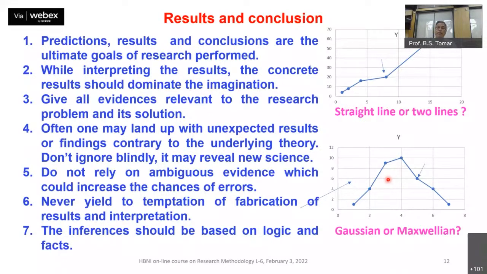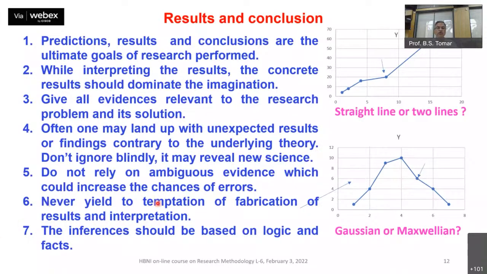So this can happen because of just one point. So always try to make sure that you have multiple points to help you in arriving at a conclusion. Because of this point, your whole outcome may change. You repeat this experiment and see whether it is really true. And if it is really true, then you have unearthed something new.